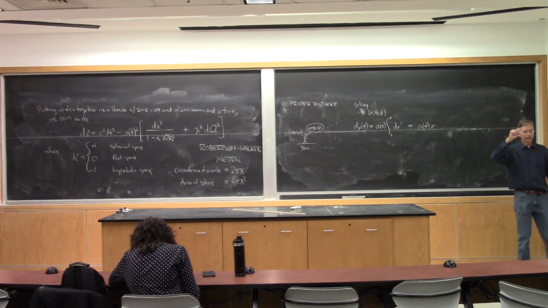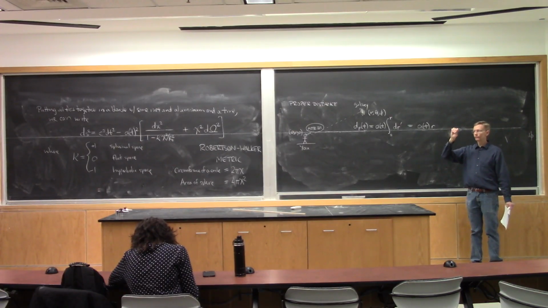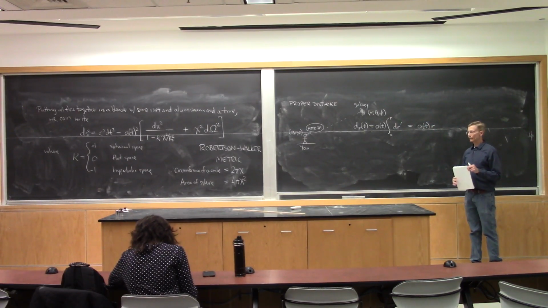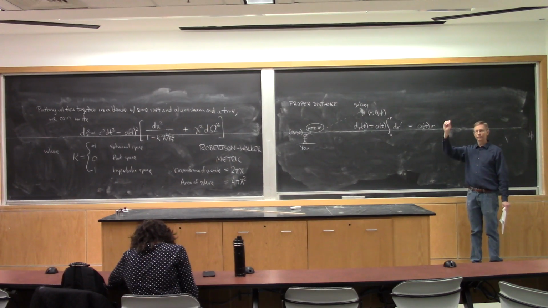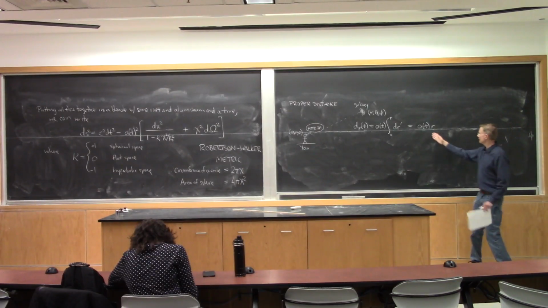But if the galaxy has no peculiar velocity, if it's always just being carried along by the expansion of the universe, then little r is fixed. It's the fixed moving coordinate. And so at any time t, its proper distance from us is a of t times r. When was a of t 0?